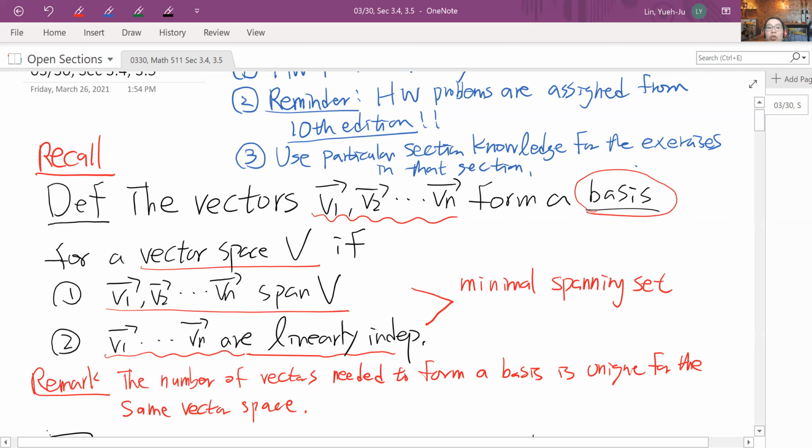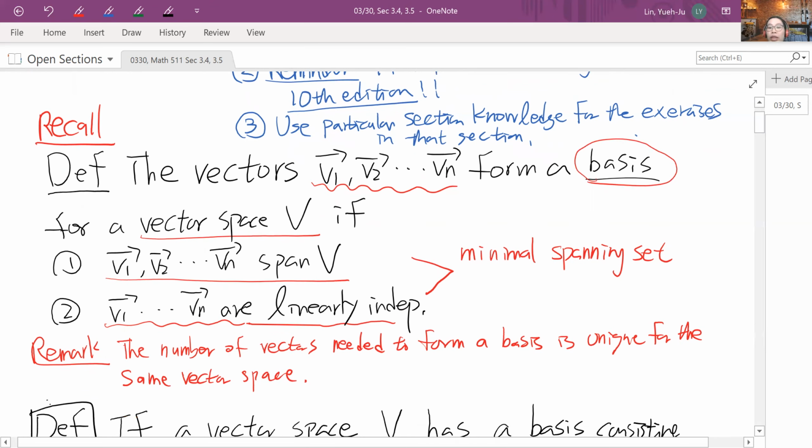To call a set of n vectors a basis for the vector space V, first you need to make sure these n vectors span the whole vector space V. Second, these n vectors have to be linearly independent. First, you need enough vectors to span the whole vector space, but second, you don't want redundant vectors, so you want to make sure they are linearly independent. That's why we call it a minimal spanning set.